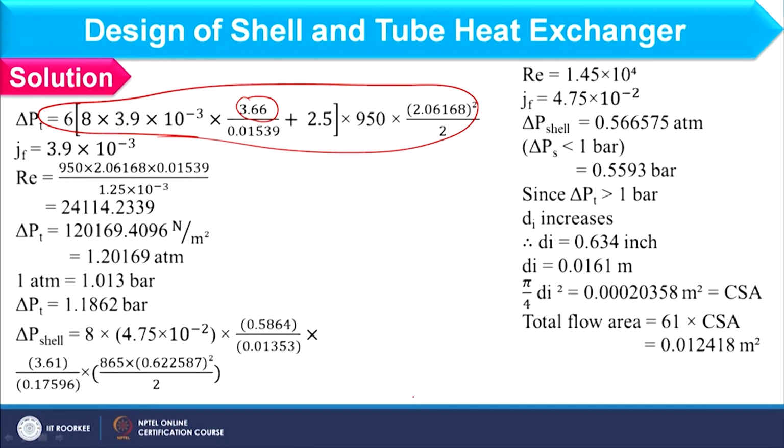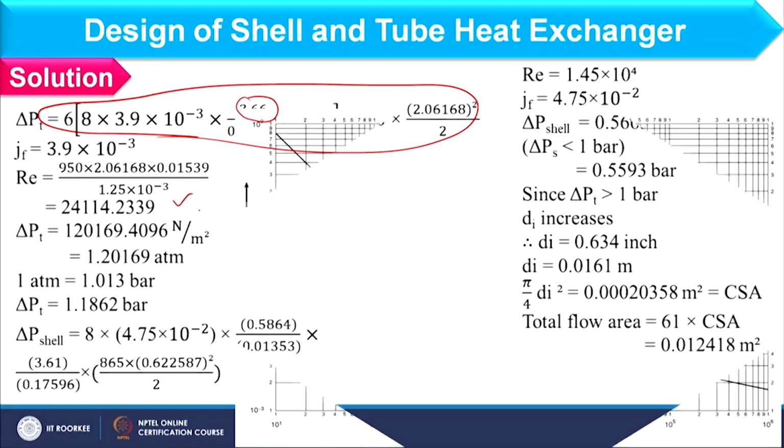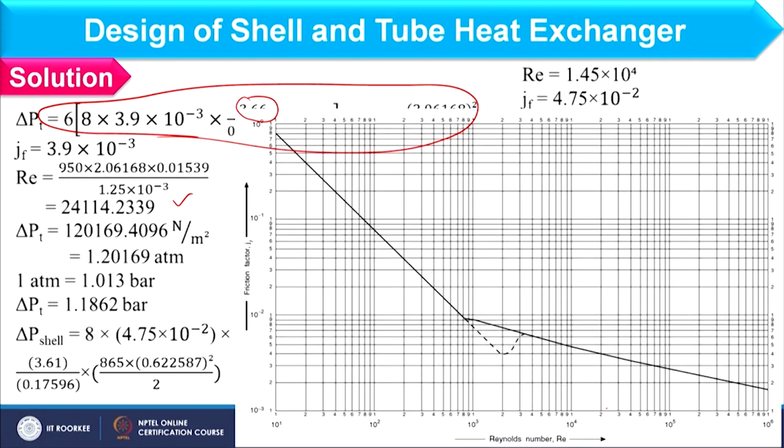Here the Reynolds number you can find as 2.4 × 10^4. So it will be somewhere here. And if you consider this, the value of JF you can obtain as 3.9 × 10^-3 from this graph only.